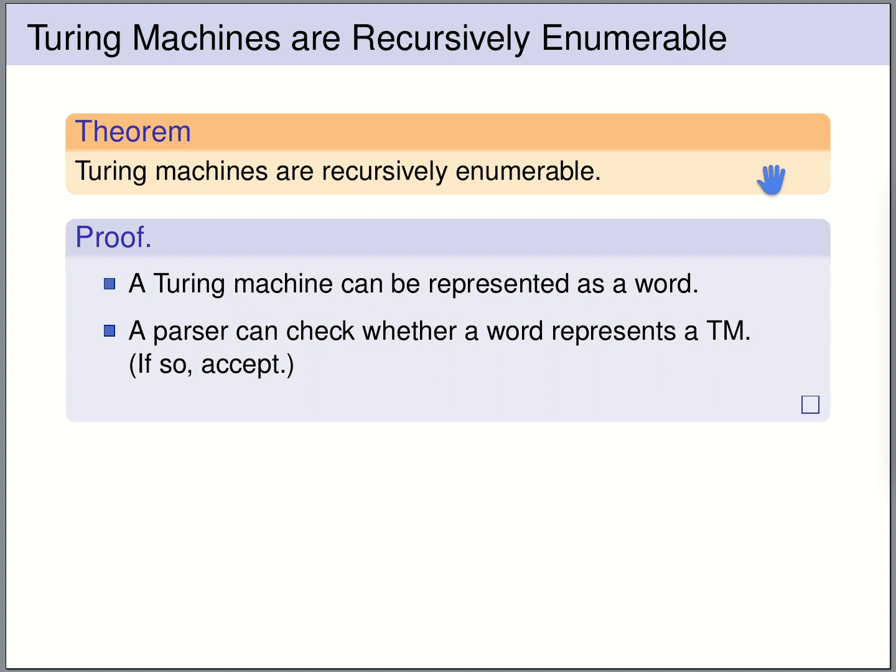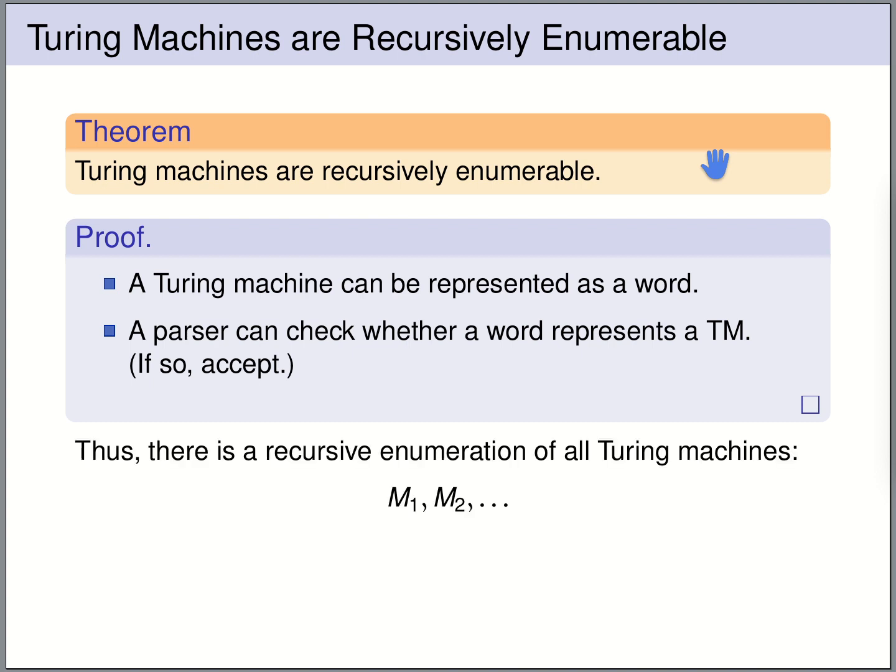If we have a word describing a Turing machine, we can simply run a parser that checks whether this word is a valid description of some Turing machine, and if so, we accept. So it's very simple to make a deterministic Turing machine that accepts the set of all words describing Turing machines.